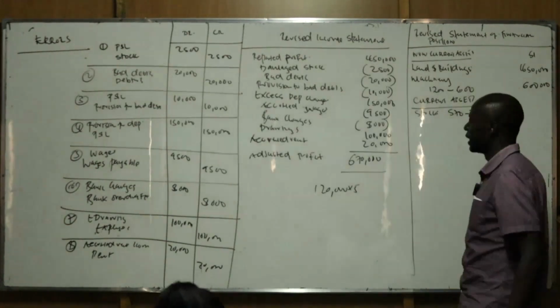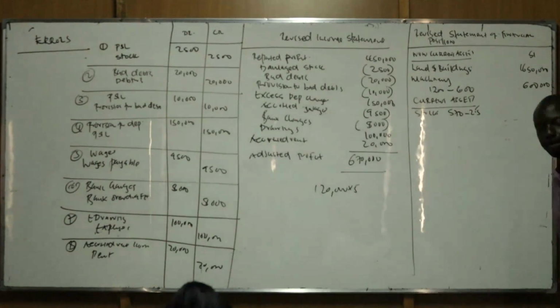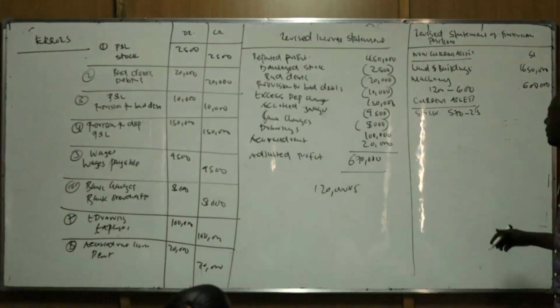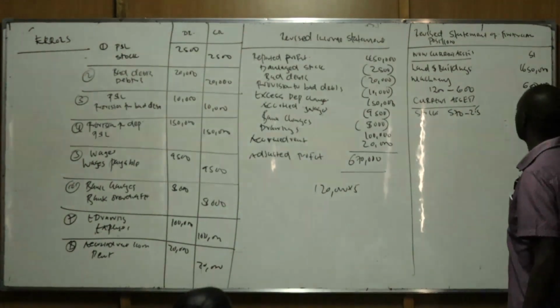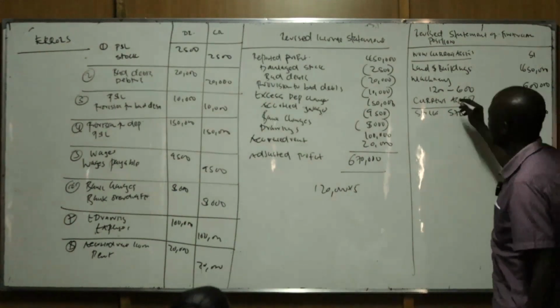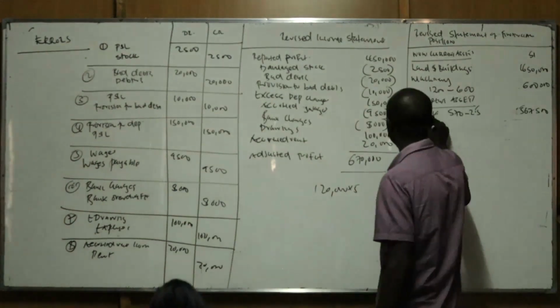So what do you get? 570,000 minus 2,500. 567,500.